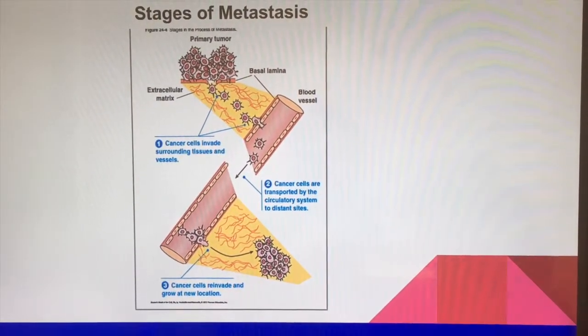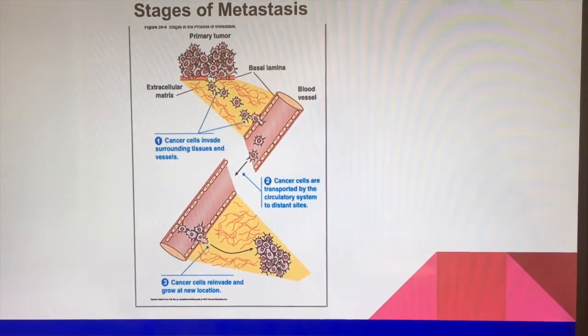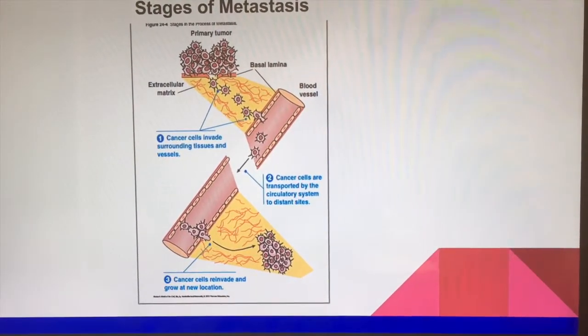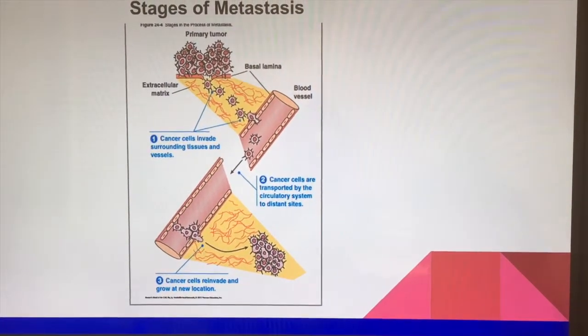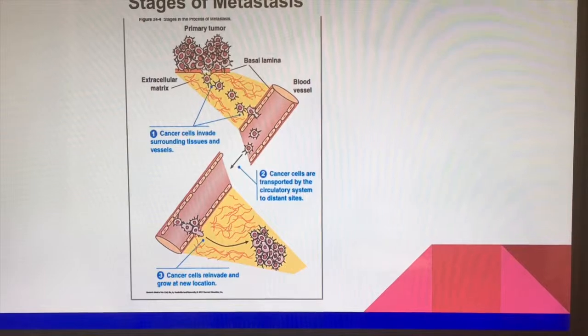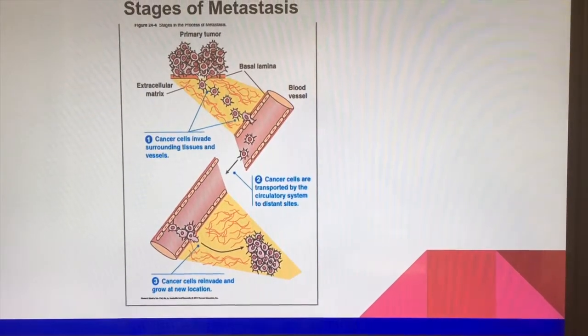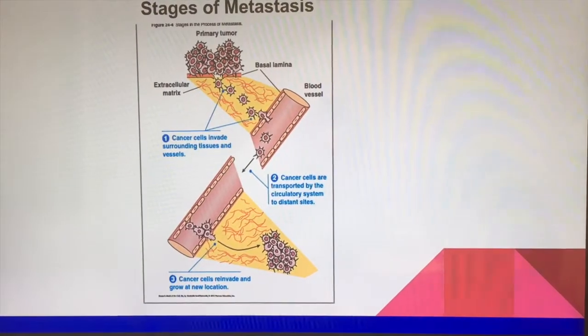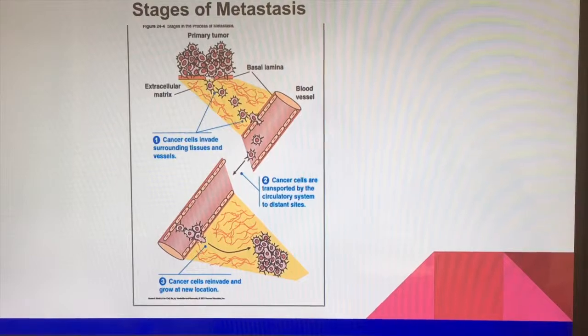The second step is transportation via the circulatory system, where the cells penetrate walls of blood vessels and gain entry into the bloodstream. Lastly, it's the reinvasion and growth, where the cells in the bloodstream exit through the vessels and invade another organ and form metastasis that's far from the initial tumor.